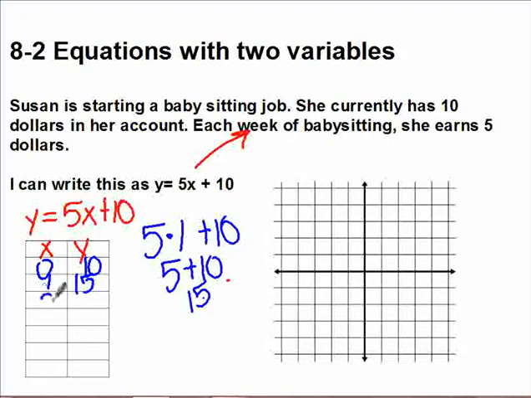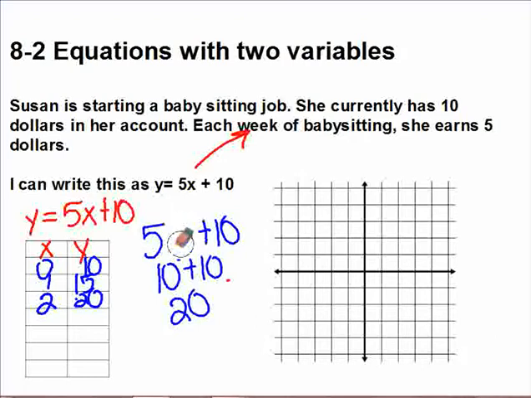Now, instead of 1 week, it will be 2 weeks. So that would be 5 times 2, which is 10, and then 10 plus 10 is 20. So for 2 weeks, it would be 20.